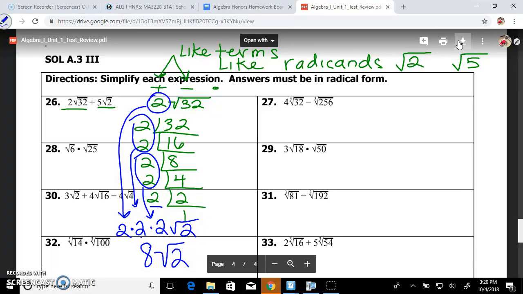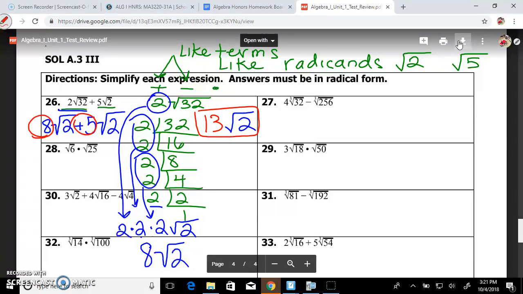So what we're really looking at is instead of 2 root 32, we have 8 root 2 plus 5 root 2. Our answer is going to be something root 2, and all we have to do now is combine the 8 plus 5, leaving us with 13 root 2.